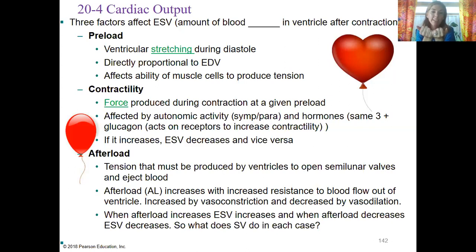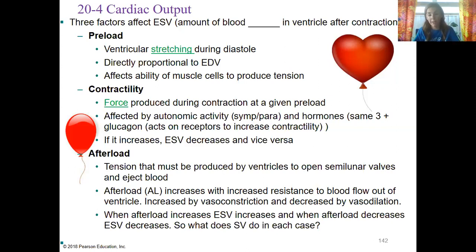If we have an increase in afterload, then it's going to be harder for us to have a good stroke volume and a good ejection fraction, which means we're going to have more blood remaining in these ventricles than we should. So an increase in afterload will increase that ESV. And if we increase that ESV, then that means that we decreased the SV.